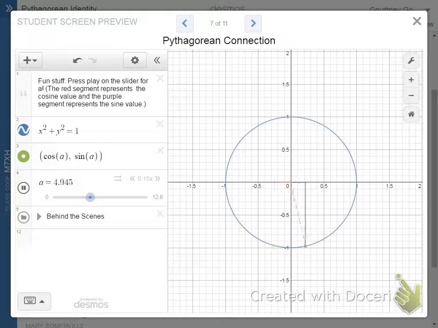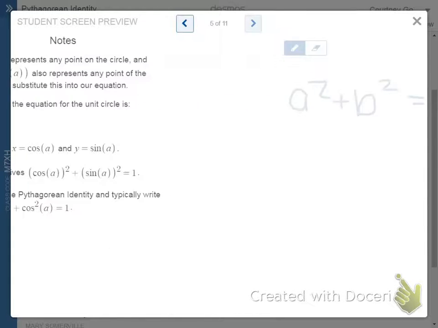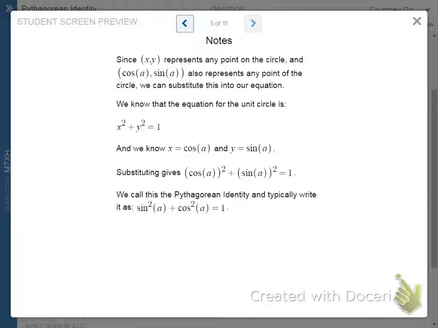And the identity may seem sort of pointless, I guess, or like random, right? Where is that from? But what this is telling us is that no matter what angle we're looking at, if I take the sine of that angle and I square it, and then I take the cosine of that angle and I square it, and I add those two things together, I'll always get 1. So even if I ask you, what's the sine of 73 degrees?